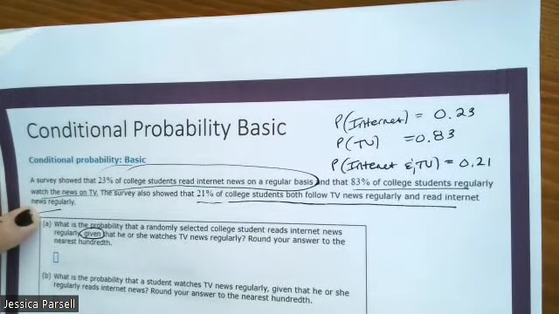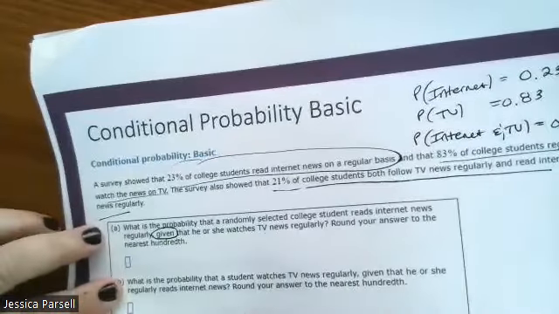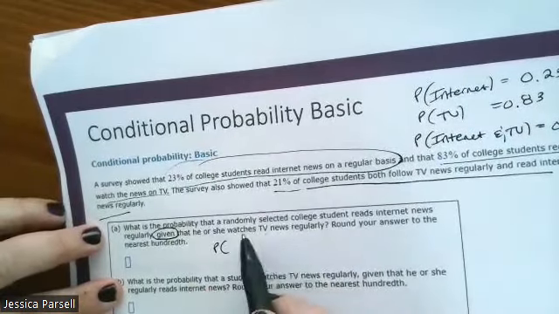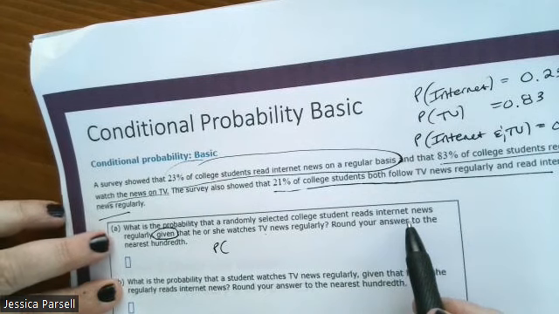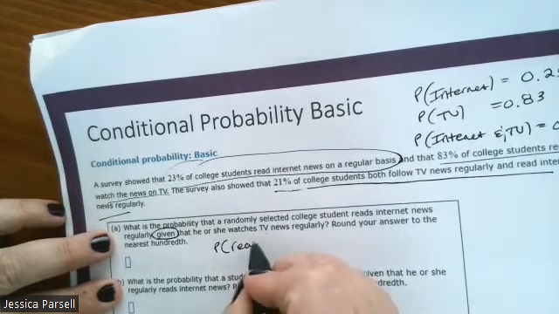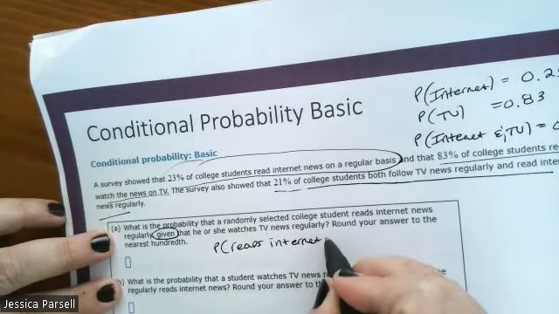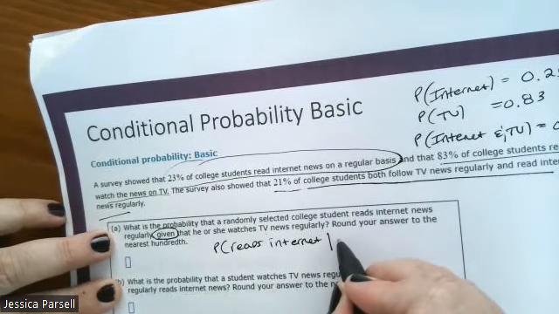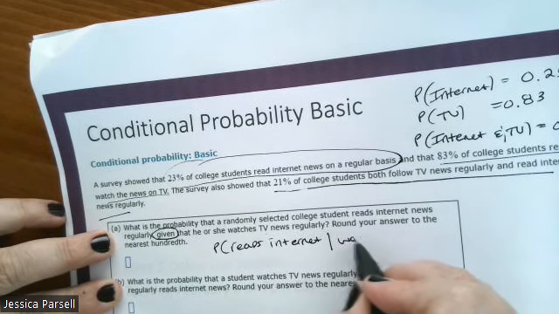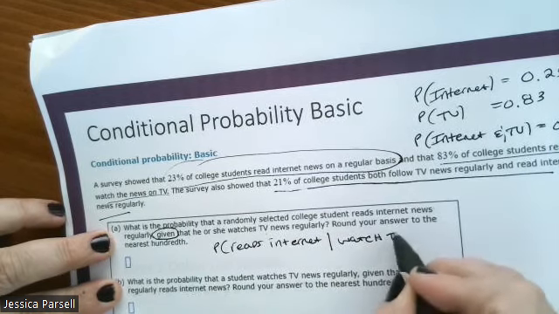Okay. And then they're asking us this question, the probability that a randomly selected college student reads internet news, given, there's the pipe symbol, they watch TV for the news.